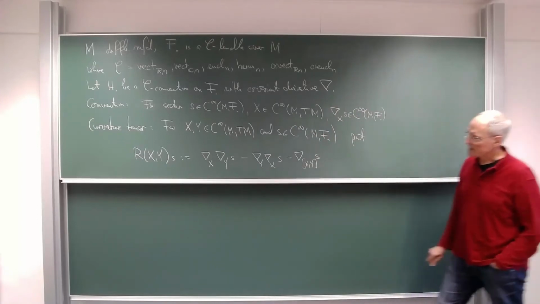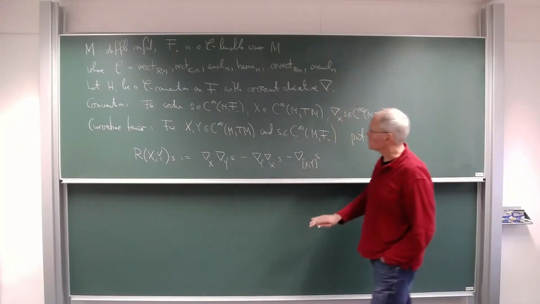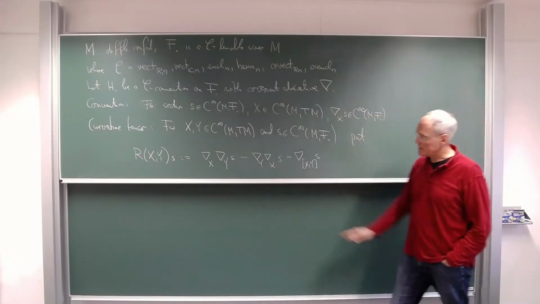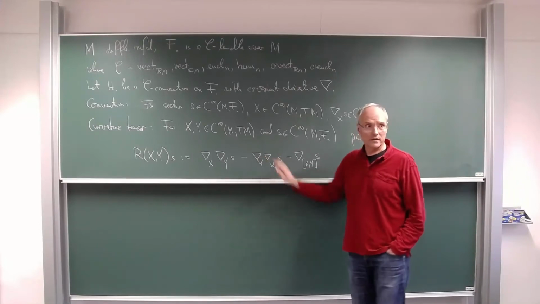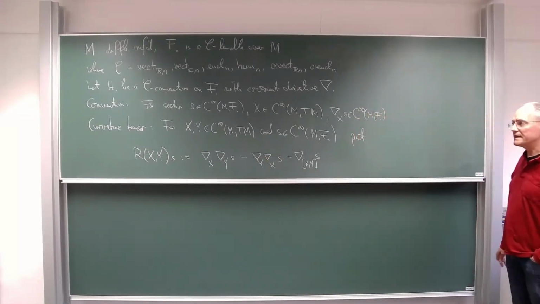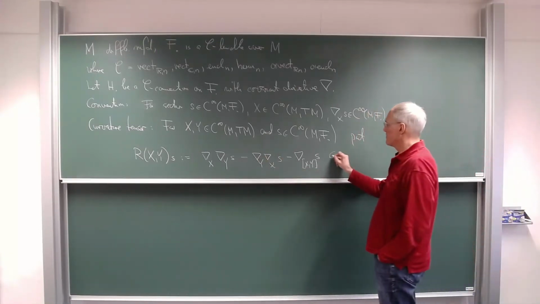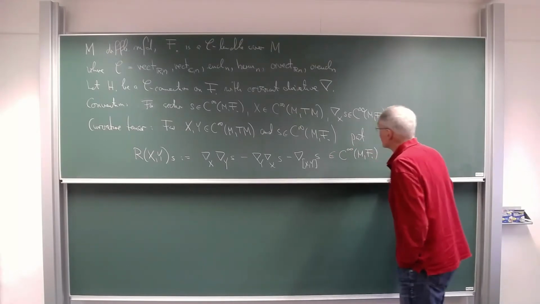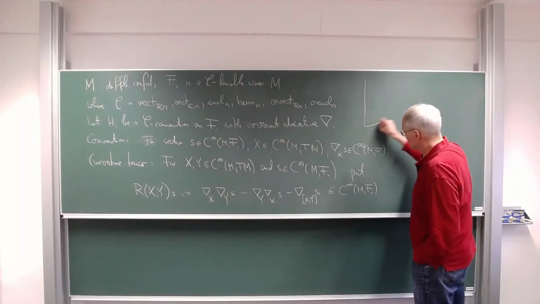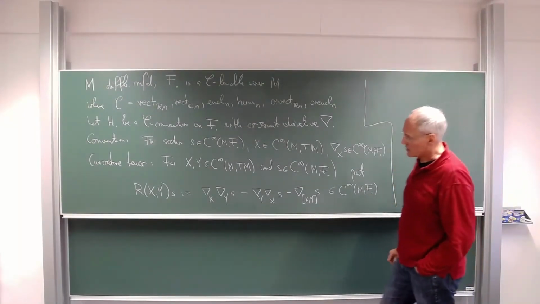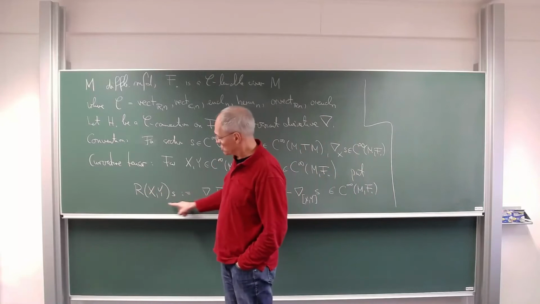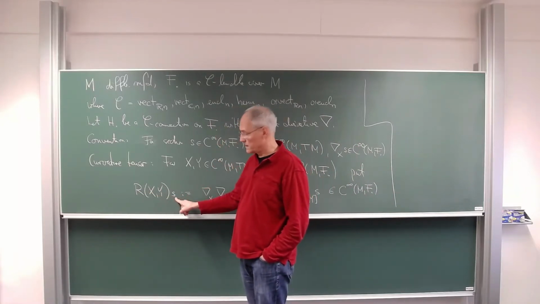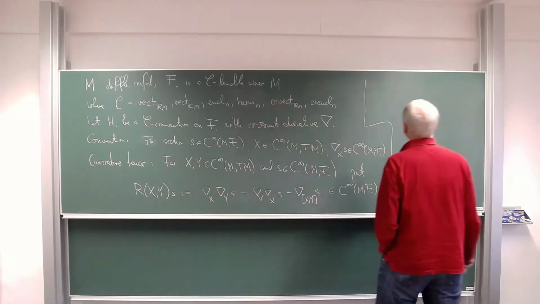And that's why it's convenient now to assume that this is again a section in the same bundle, because then we can repeat, right? Then we can apply the covariant derivative repeatedly. So that is another section in my bundle. And then one checks that the result of this section at a certain point depends only on the values of X, Y, and S at that point.